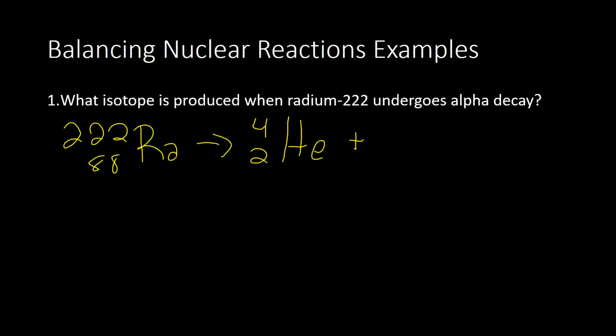So 4 plus 218 would give me 222. If you think of that arrow like an equal symbol, you're trying to get the two sides equal to each other. So 218 plus 4 gives me 222. 86 plus 2 gives me 88, and number 86 on the periodic table is radon, Rn. So the isotope that's produced when radium-222 undergoes alpha decay is radon-218.